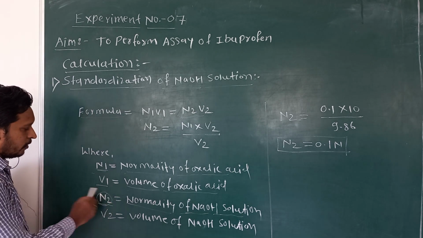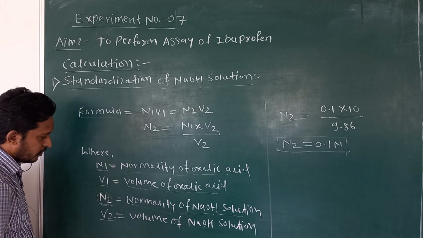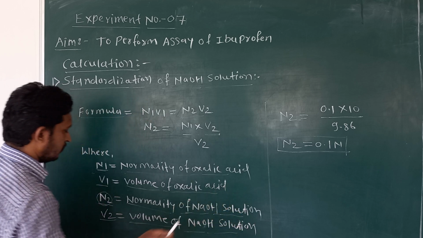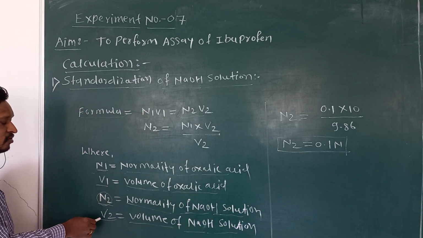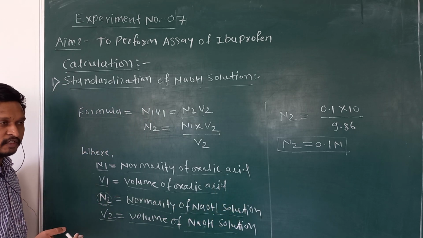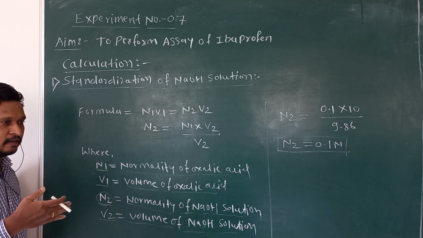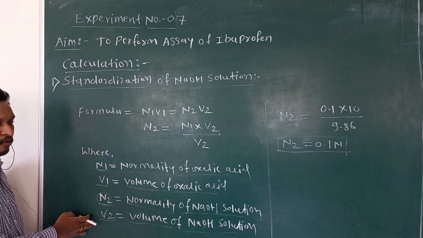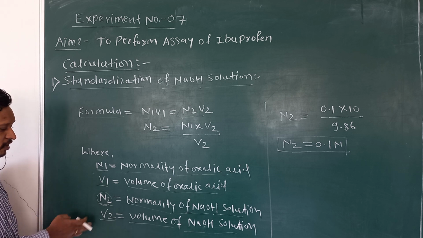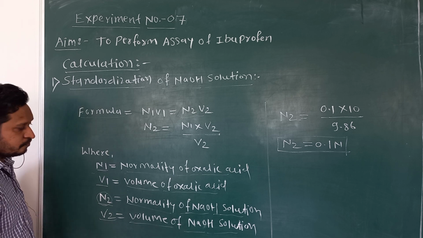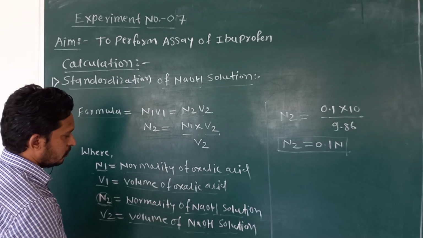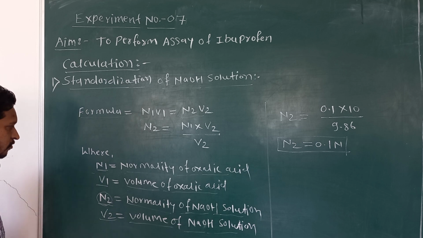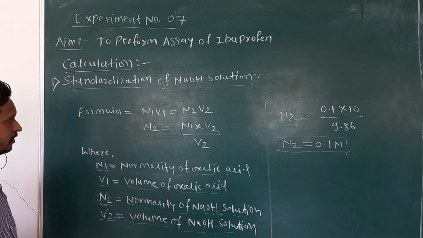After that V2 is the volume of NaOH solution required for the neutralization, meaning we take it from the burette, and that will be our reading required for the neutralization. So that will be our reading or mean, that is V2. So this is the formula, N1V1 is equal to N2V2.